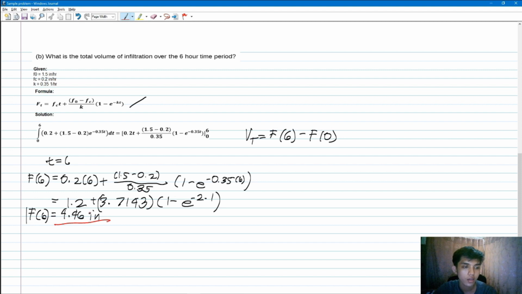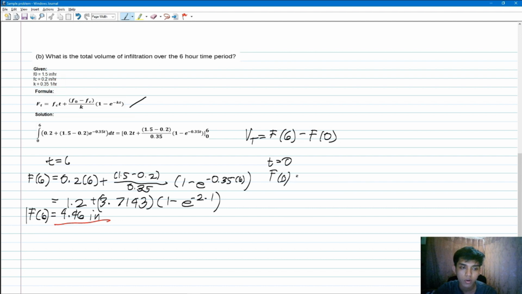So we already have the F of 6. Now we will get the value of F when t is equal to 0. So when t is equal to 0, we'll just do the same process as earlier.